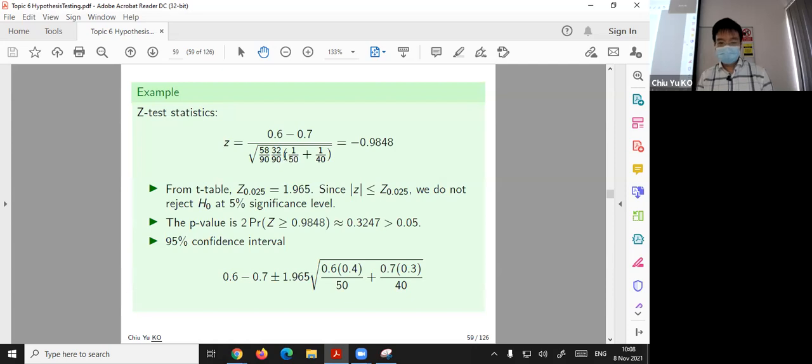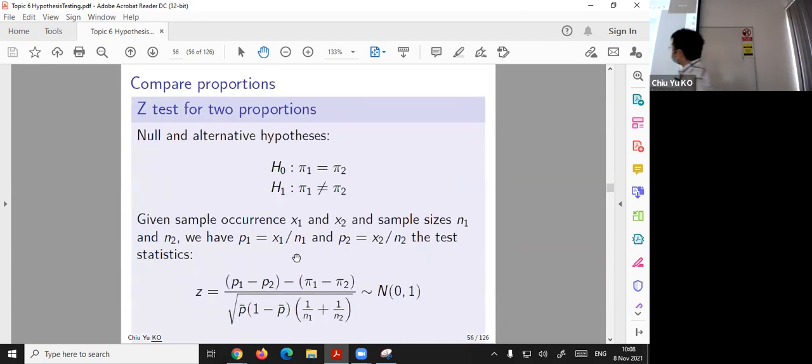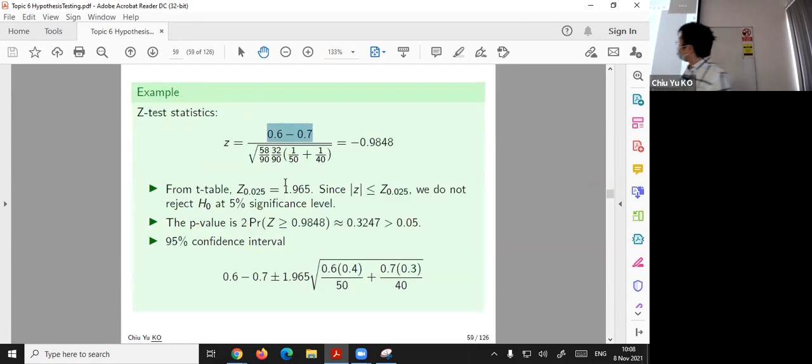The formula here is just this one, because they're the same, this is 0. So the numerator is P1 minus P2. And this is pi bar times 1 minus pi bar, 58 over 90, minus 58 is 32, times 1 over n1 plus 1 over n2. So you get a negative number.